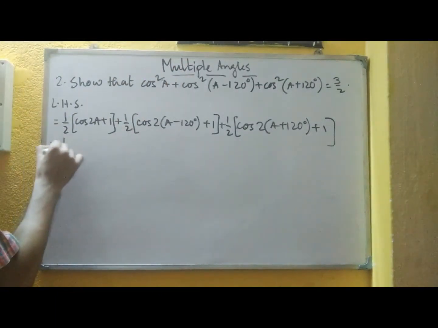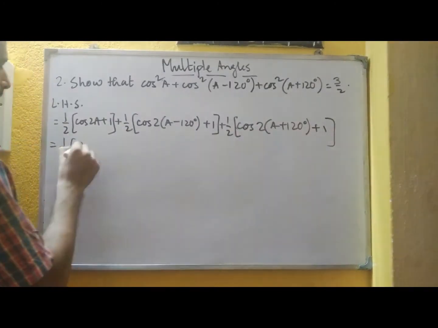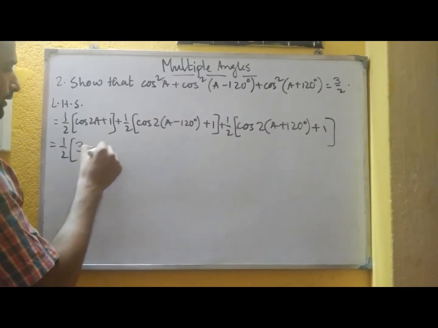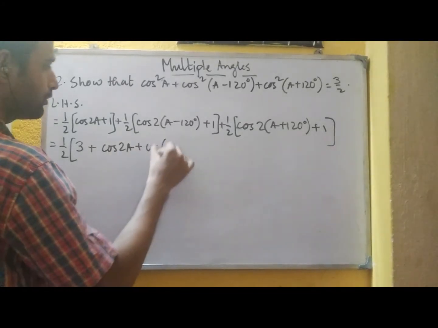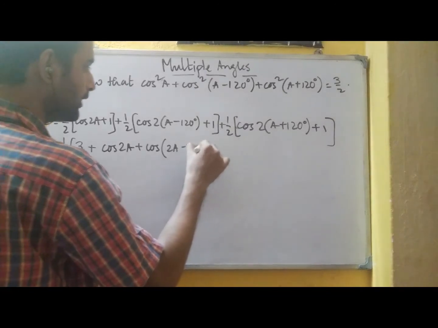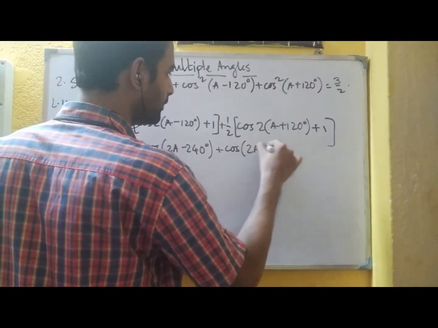Then see, we can take this half common. There are 3 ones, so it will add to 3. Then it is cos 2a plus cos 2a minus 240 degree, then cos 2a plus 240 degrees.